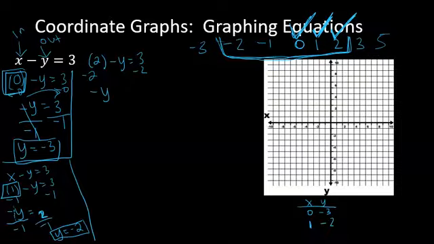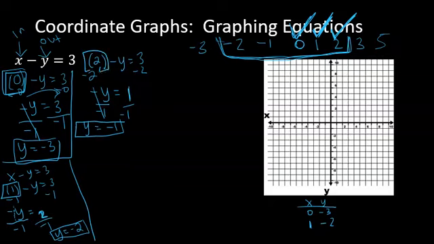And I have negative Y, and I have 1. I have to get that Y positive. It makes it Y equals negative 1. That's my Y. What was my X? Well, it was 2. That's what I decided upon. So that gives me a 2, and then I have negative 1.